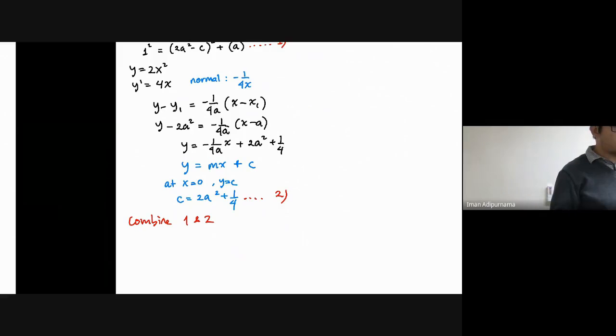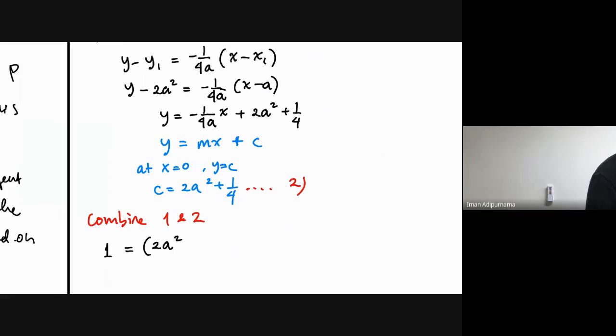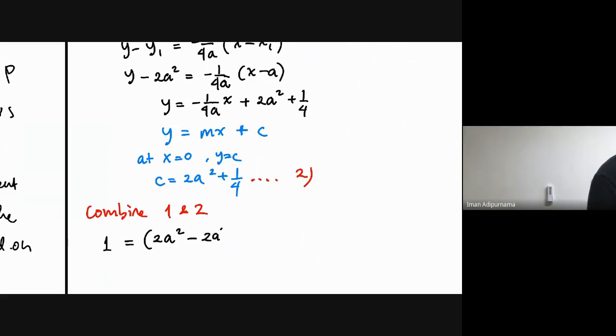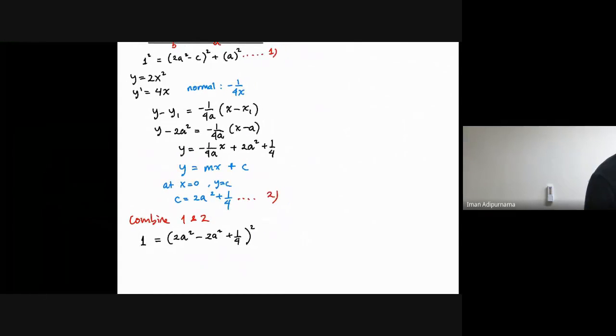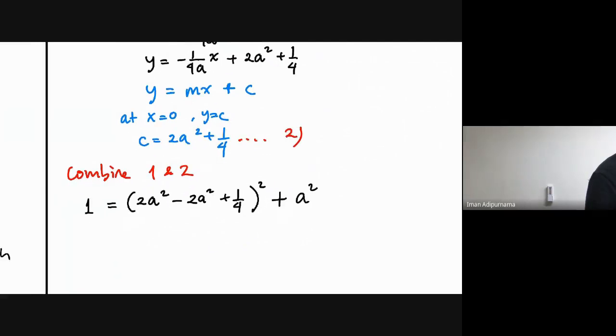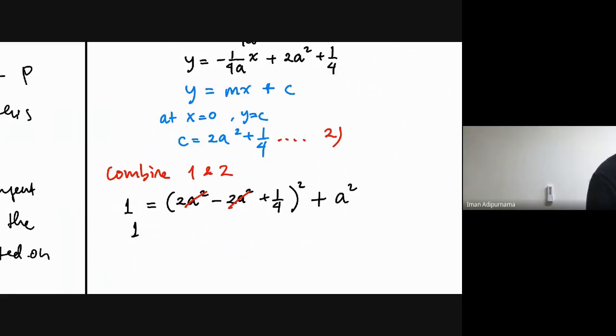In 1, we change the C into 2a squared plus 1 over 4. Then we get a squared plus 1 over 16 plus a squared... actually this is 1 equals 1 over 16 plus a squared.